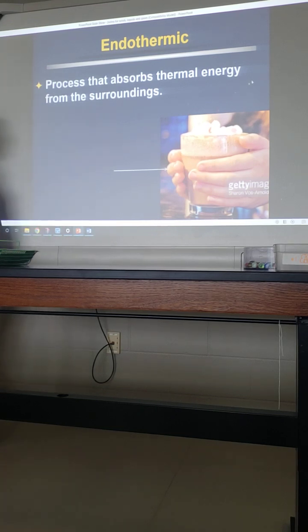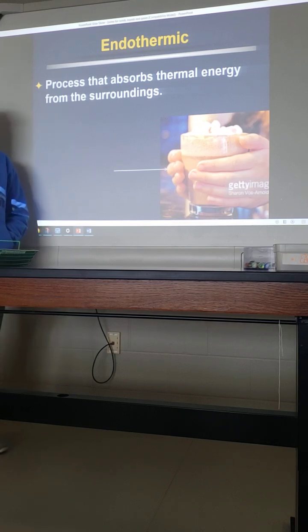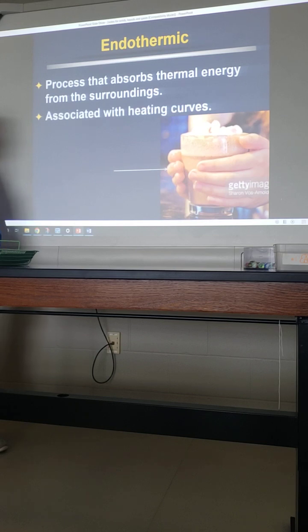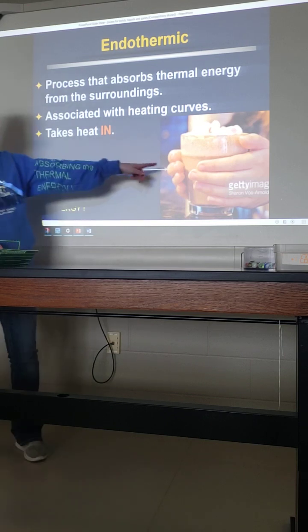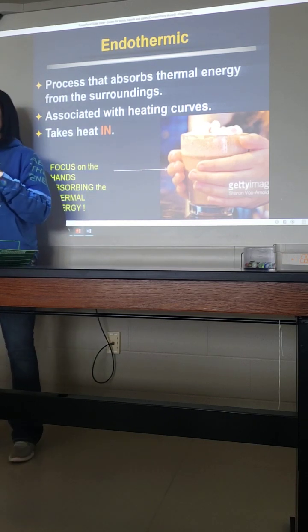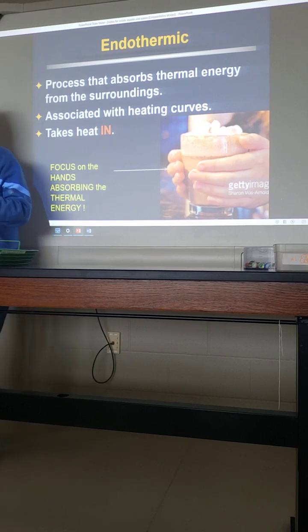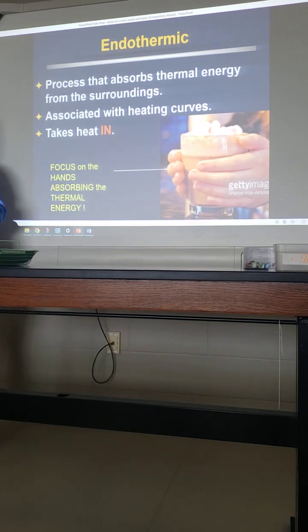And so, you know, that's when things would warm up because it's taking heat in. So these are the processes that go with heating curves. It's taking heat in. It sounds like endo. So the hands are absorbing that thermal energy, right? So the hands are benefiting from that heat.